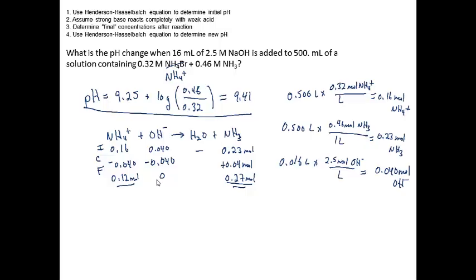So I'm going to go to a blank screen. We now have 0.12 moles of ammonium, and we have 0.27 moles of ammonia. And notice that we had 500 milliliters, and we added 16 milliliters to that.